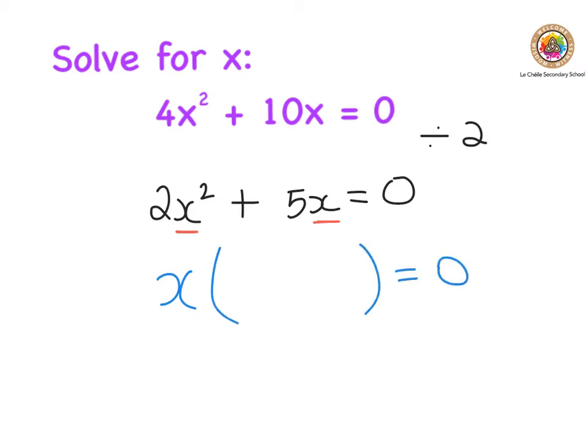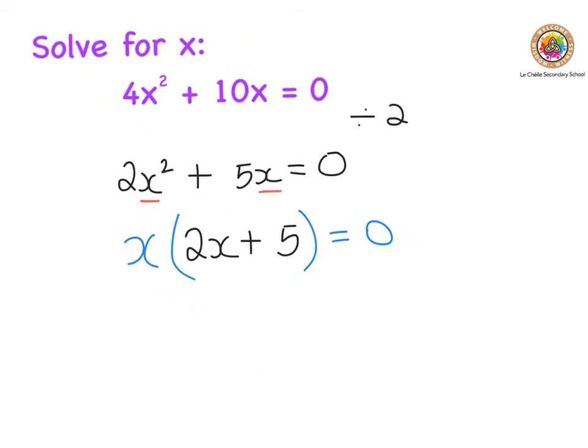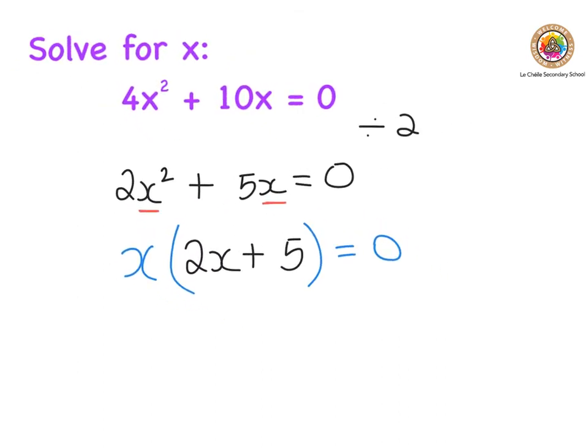And so what was left? Well, 2x squared divided by x leaves me with 2x, and 5x divided by x leaves me with 5. So here I have x bracket 2x plus 5 is equal to 0. Now we would be used to doing this bit in the past. To solve for x, with an x squared, a quadratic, I always expect 2 values for x, 2 answers. So I'm going to put the bit outside the bracket equal to 0, and the bracket equal to 0 as well.